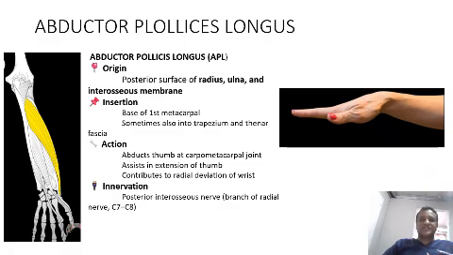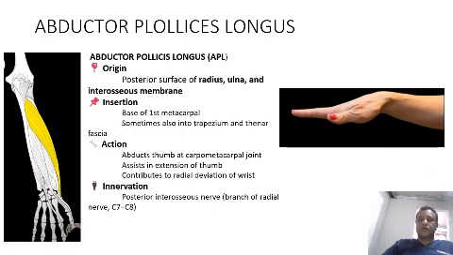Its insertion at the base of the first metacarpal bone allows it to pull the thumb away from the palm, a movement we call abduction at the carpometacarpal joint.